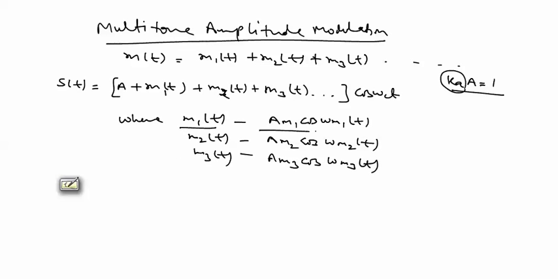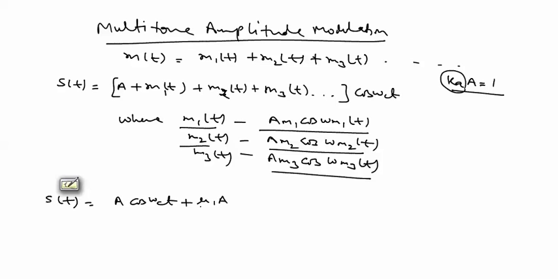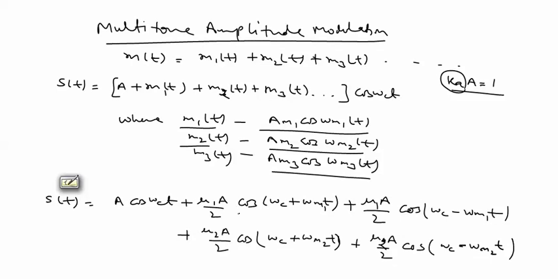All three message signals can be trigonometric functions: Am cos omega m1t, m2t, m3t and so on, if more components are there. st is A cos omega ct plus mu 1 A by 2 first term cos omega c plus omega m1t is upper side band, lower side band due to m1, upper side band due to m2, lower side band due to m2 and so on. These terms may be increasing.